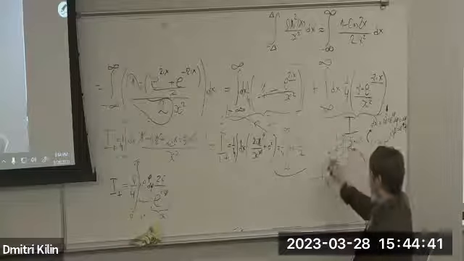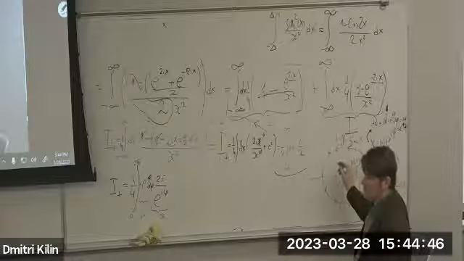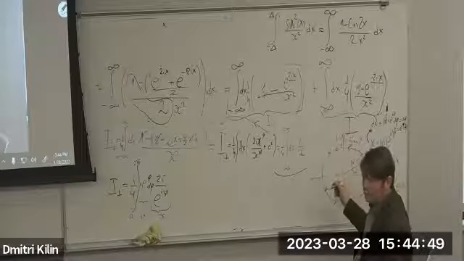So we replace the integral along the line by the integral along the circle, and the circle is parameterized by only the angle, right?